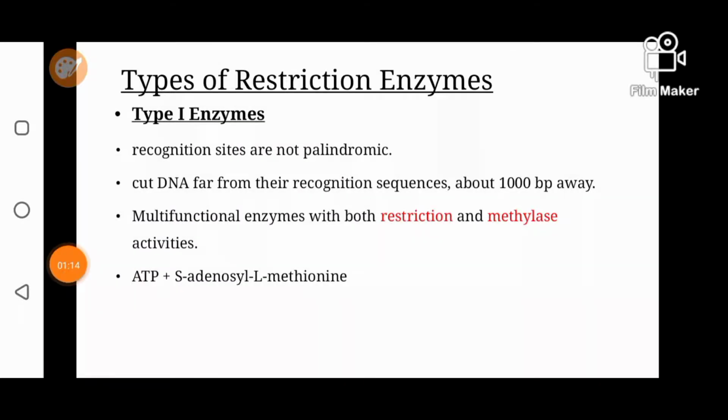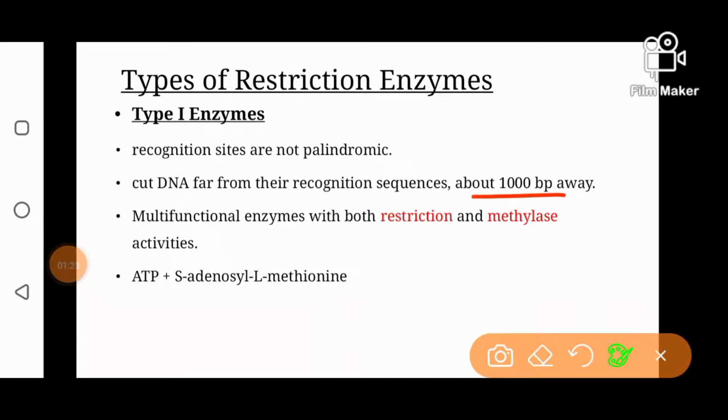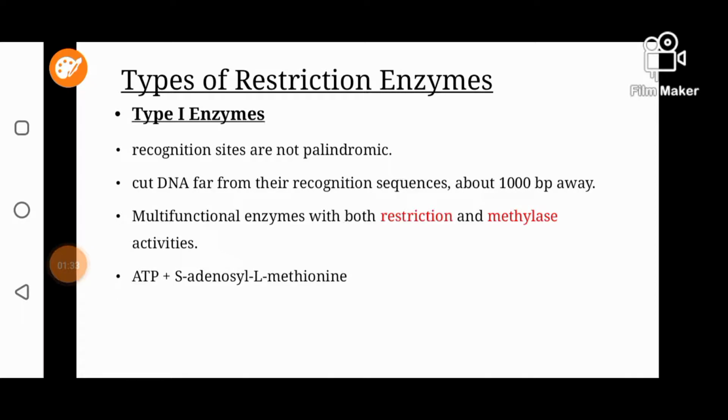As these enzymes do not produce discrete DNA fragments because they cut DNA far from their recognition sequences, they cannot produce definite DNA fragments or DNA fragments with definite lengths. These enzymes are not useful in recombinant DNA techniques.